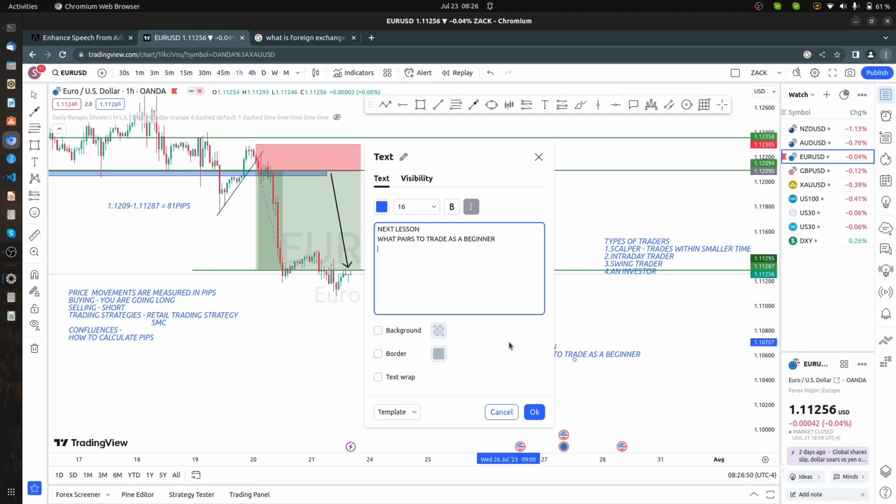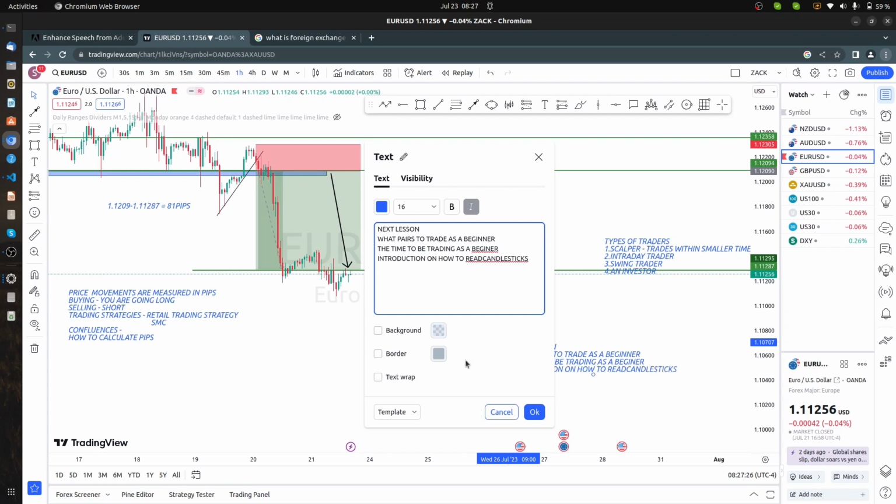Also, I'll be teaching you about what's the time to be trading as a beginner. Then probably I'll give a brief introduction on how to read candlesticks.